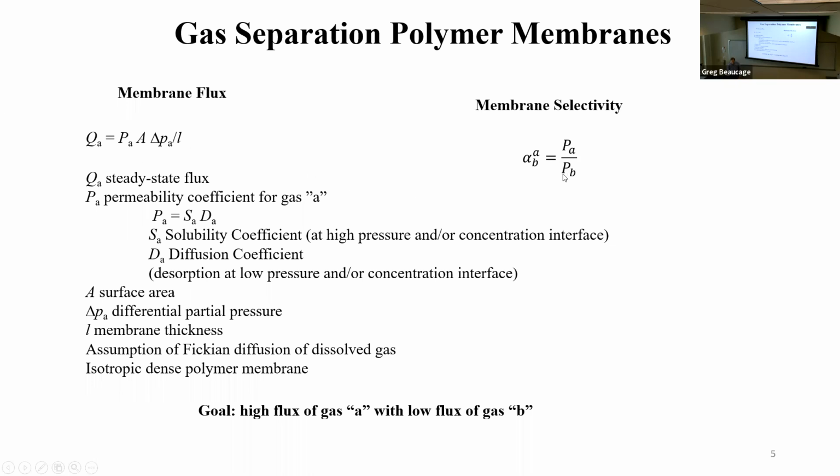Usually you plot the flux, or you take the flux, multiply it by length and divide by the pressure and area, to get the permeability, a number that doesn't depend on the parameters of the formation of the membrane, just the material parameters. So you can plot the permeability of your good stuff versus the selectivity, and you would want high of this and high of that.